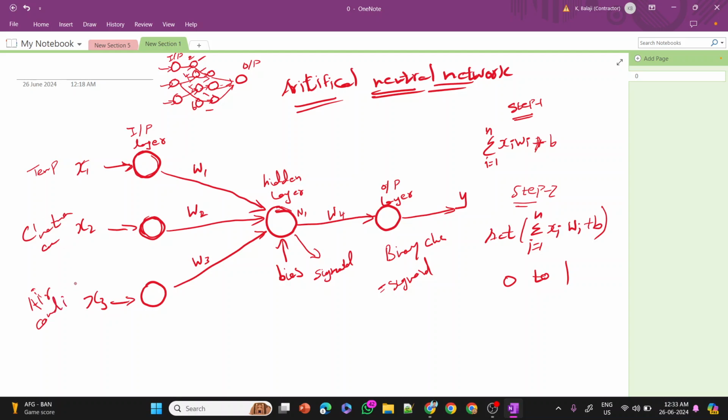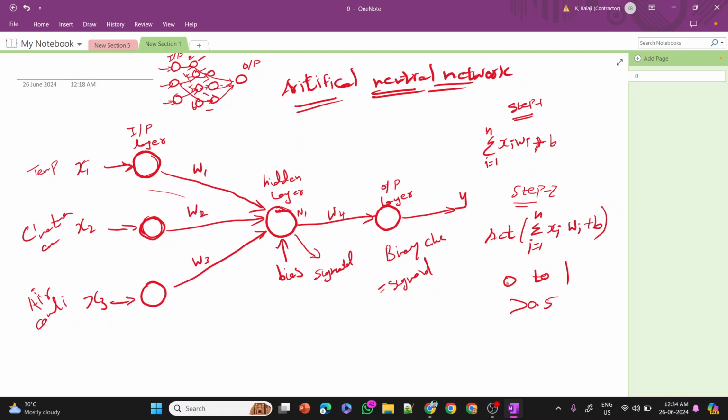Depending upon this input, we need to decide whether rain will come or not.